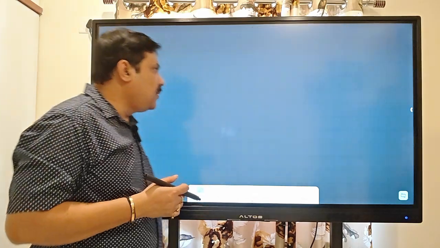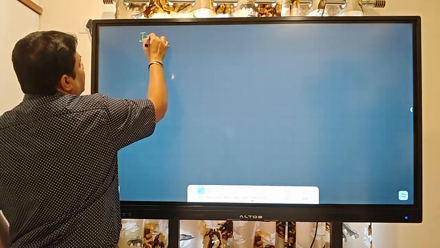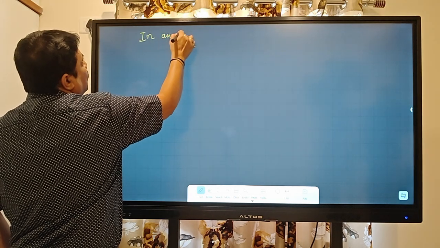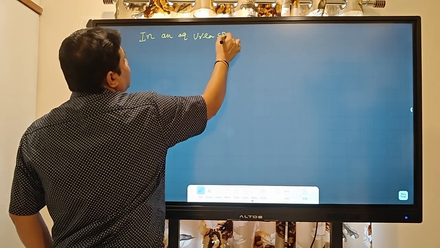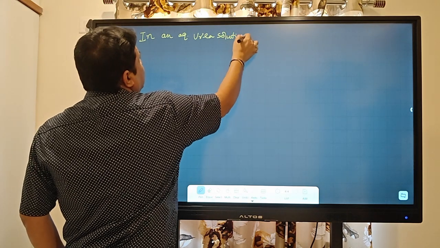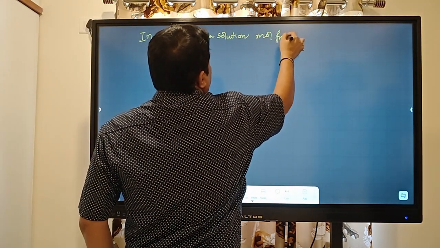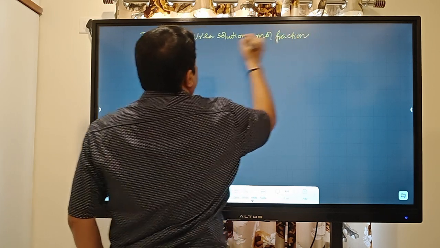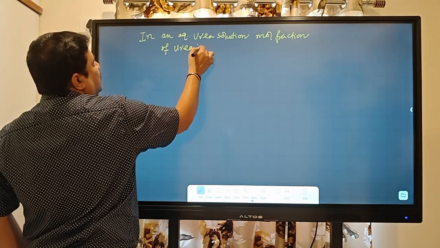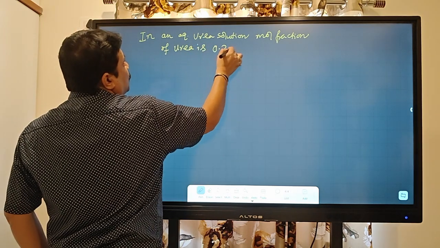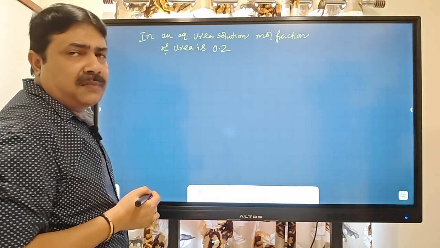In that problem, what do they ask? In an aqueous urea solution, the mole fraction of urea is 0.2. 0.2 means 2 by 10, and 2 by 10 is nothing but 1 by 5.